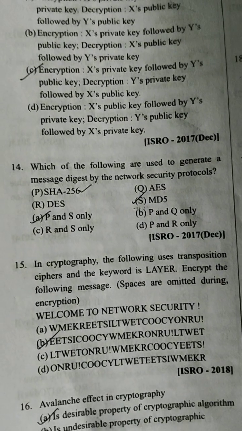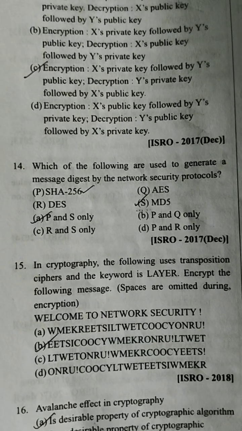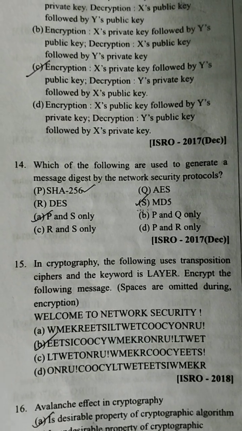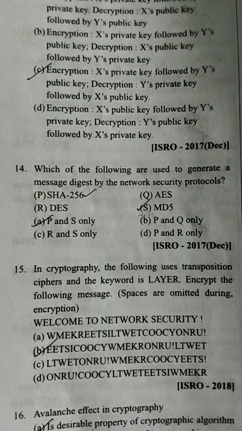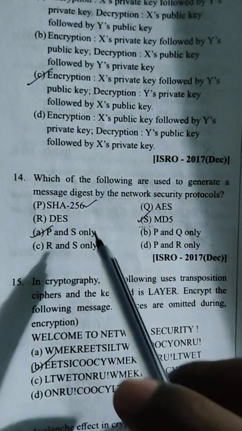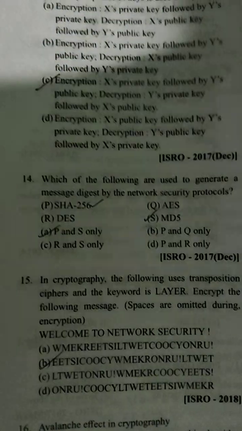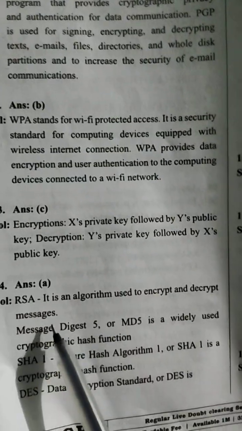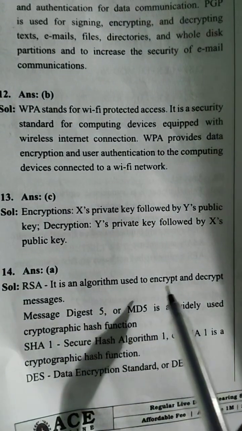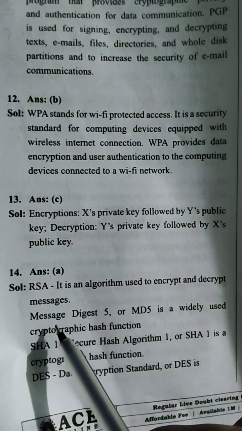14th one. Which of the following are used to generate a message digest by a network security protocol? SHA-256, MD5, DES. RSA is an algorithm used to encrypt and decrypt messages.